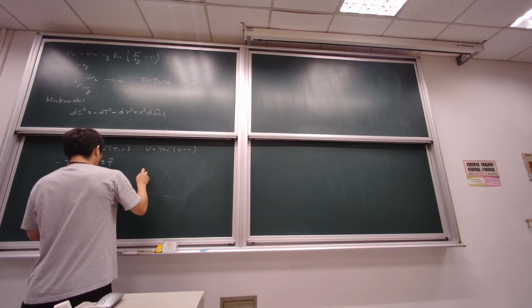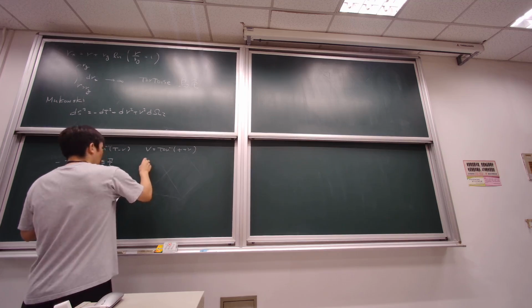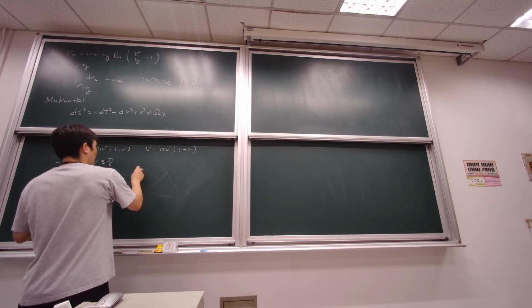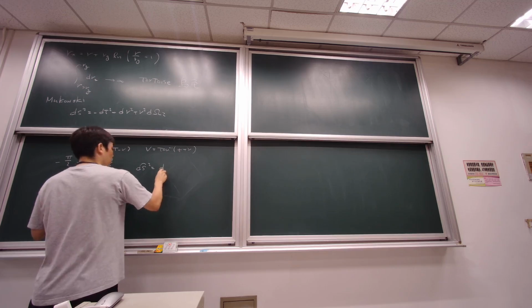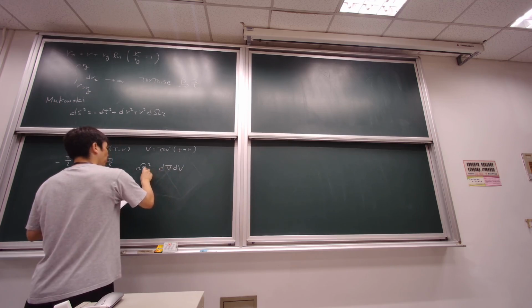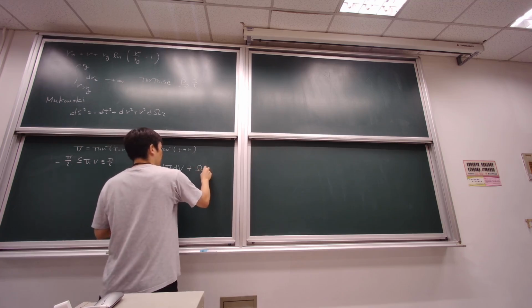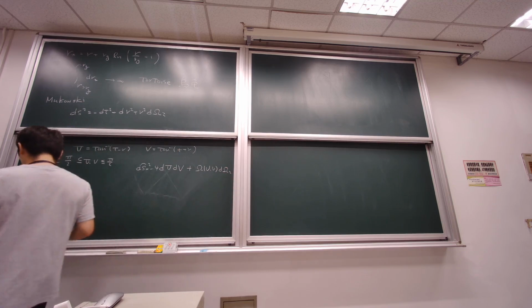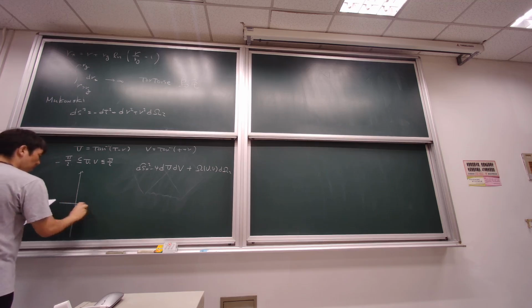So if you do the metric, ds tilde squared equals du dv, and then minus 4, plus some factor omega of uv times d omega squared, this way, and then we introduce it like this.